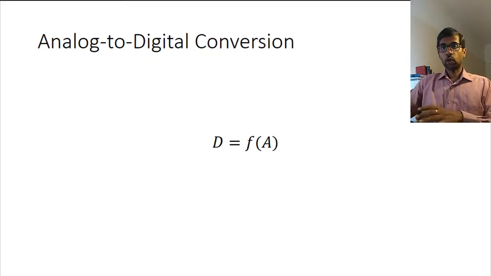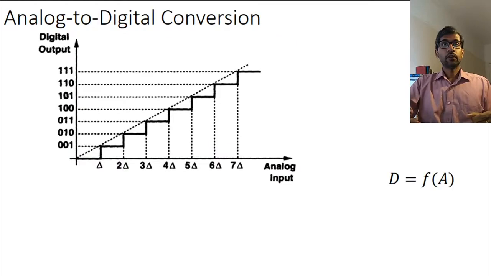It takes an analog value and converts it into a digital output. There is a relationship between these two, and we essentially want a proportional relationship, right? So the input output characteristic of an analog to digital converter is shown here on this slide. On the x-axis we have analog input, and on the y-axis we have the digital output.